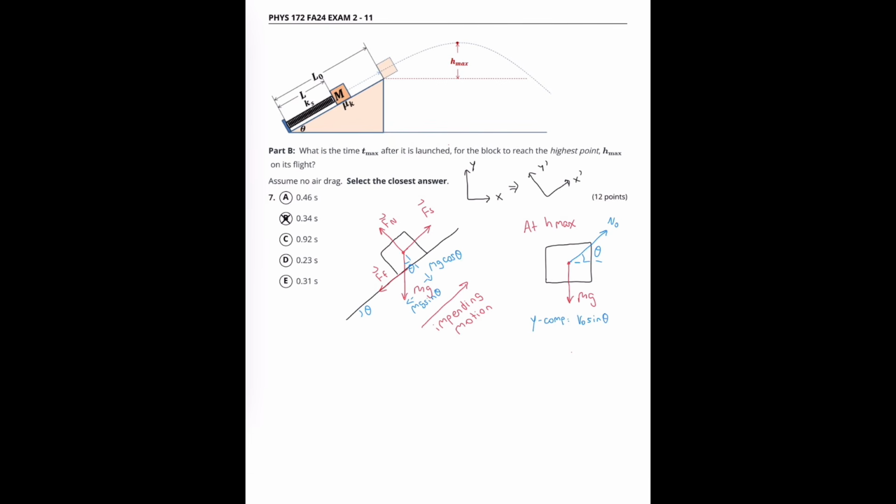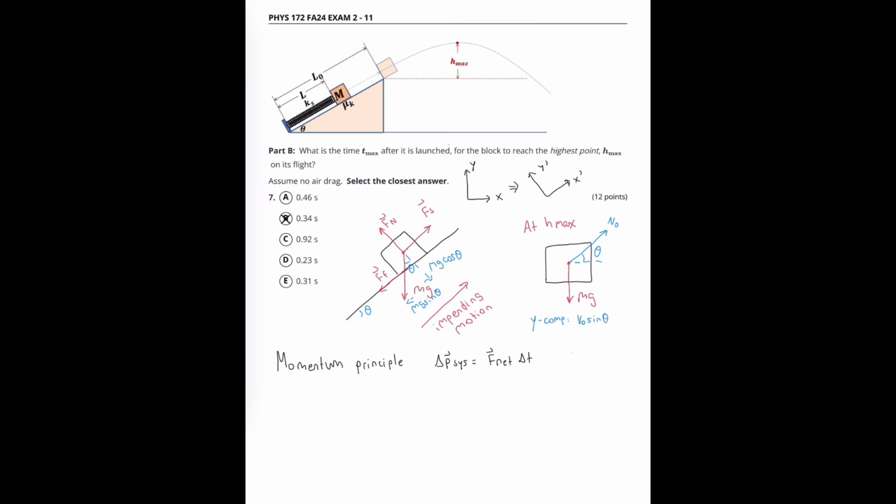So now for momentum. To solve for time, we can recall our momentum principle from earlier in the semester. That is defined by the change in momentum of the system, delta P, is equal to F net delta t.